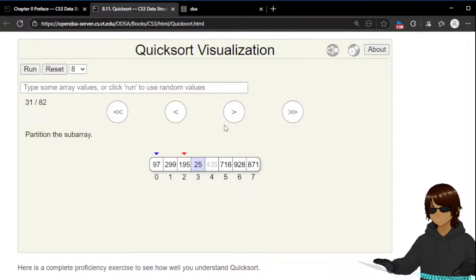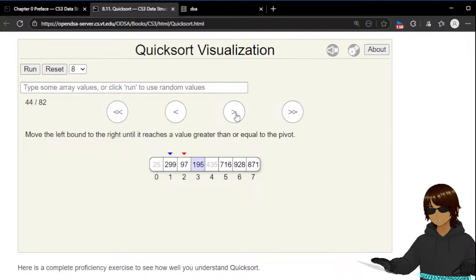So we move the right downwards until we find something smaller on the right hand side. Okay. Right, this is done. Now select the pivot, move the pivot to the end, swap these two, and then, of course, move the pivot back.